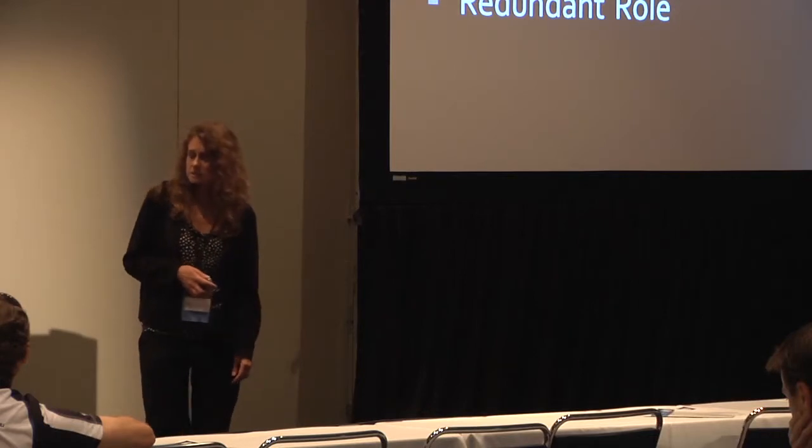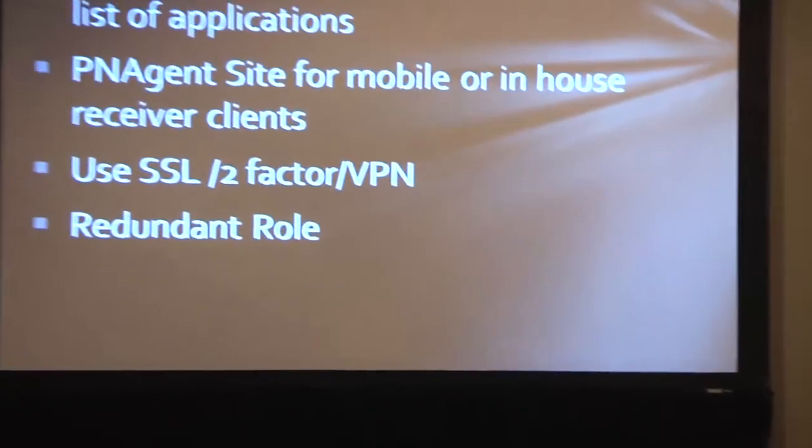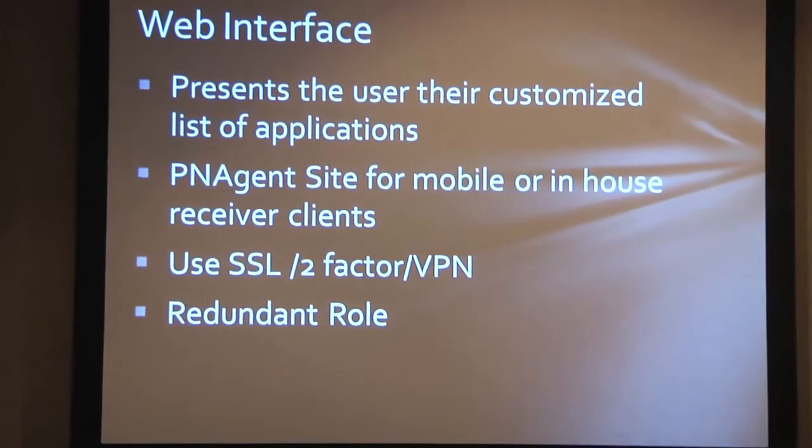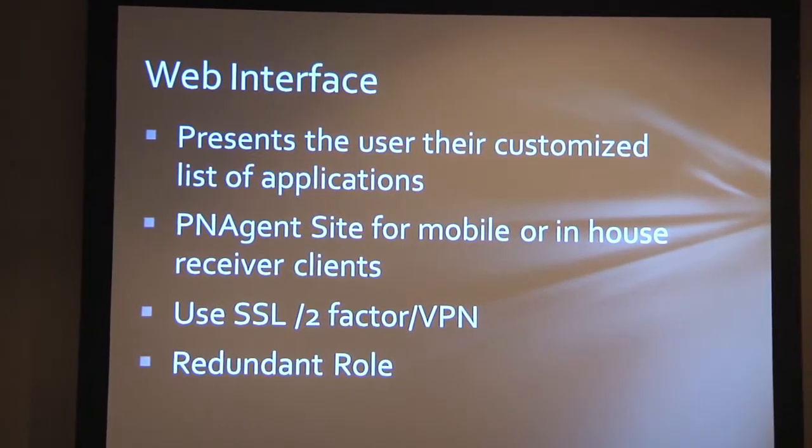Web interface is another aspect of a XenApp farm. It is used to present your user their customized list of applications. You're going to use your web interface to create any kind of PN agent sites for your Citrix Receiver or mobile devices. Ideally, you're going to want, at a minimum, to use SSL on this because, especially with the mobile devices, they're going to be accessing this remotely.